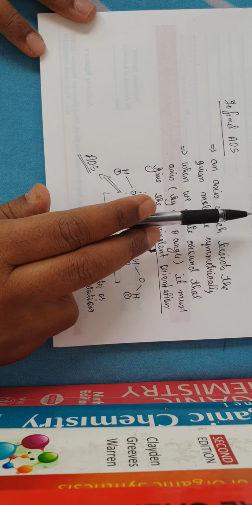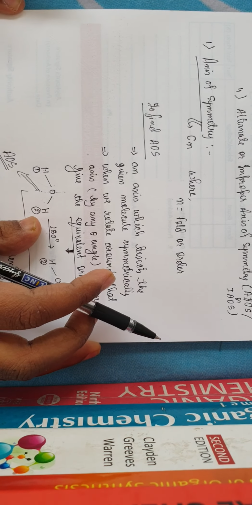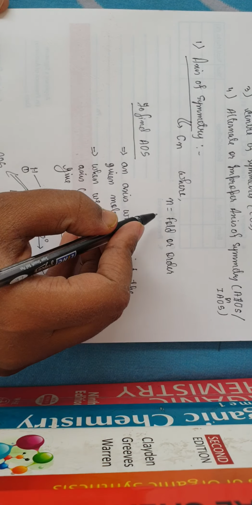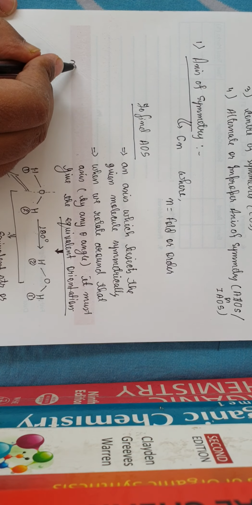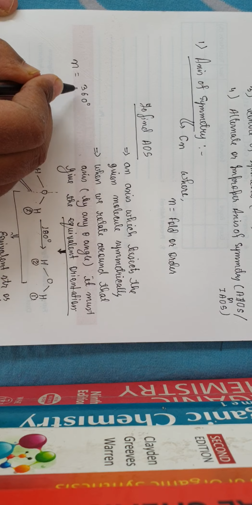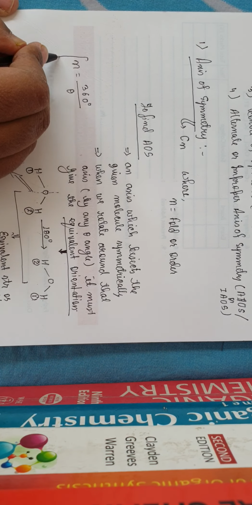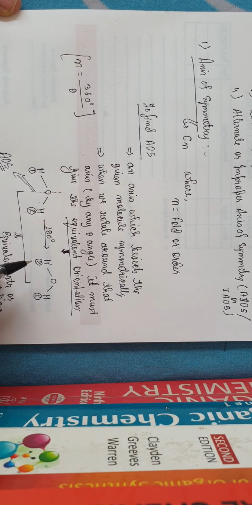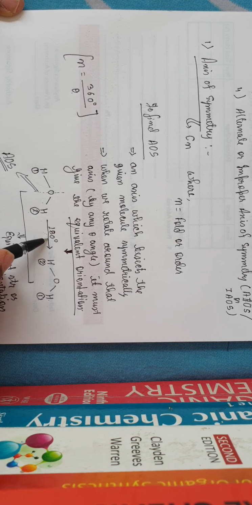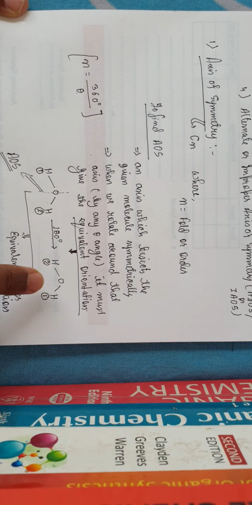What is n actually? n is equal to 360 degrees divided by theta, where theta is the angle of rotation by which you rotate the molecule along the axis and find the equivalent structure.